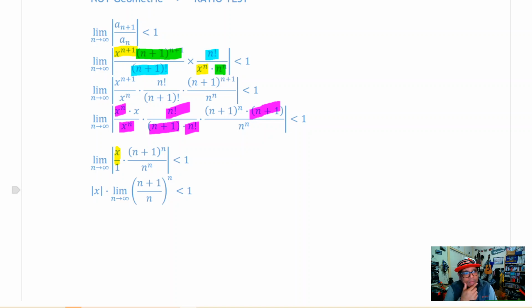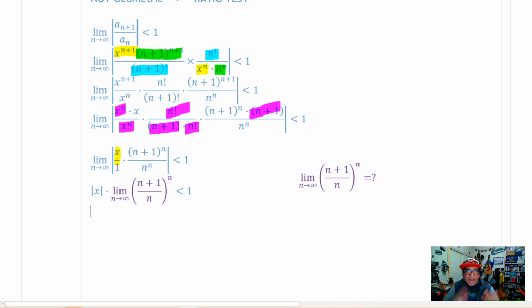And now I'm left with this limit, n plus 1 over n to the nth power. And we're going to do that on the side. So here on the side, we're going to work on that limit, n plus 1 over n to the nth. Let's try and figure that part out.